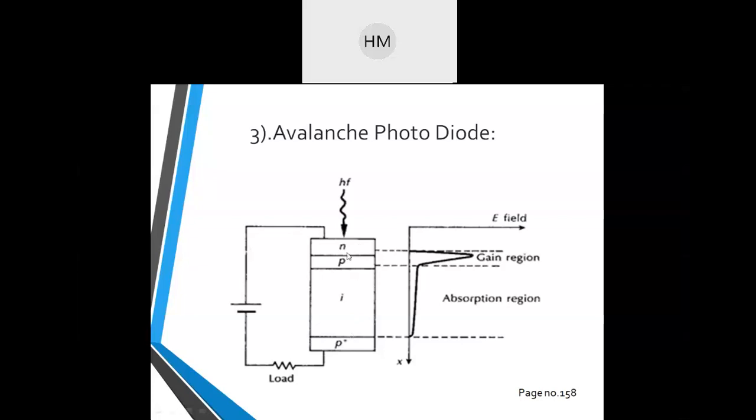How have we made it? We diffused this P layer, then the intrinsic layer, then again P dopants which are less effective than this P plus. Okay, and here we have the N plus layer. So this is the overall configuration of the avalanche photodiode, which will have some drawbacks, some improvements, better than your previous circuit.